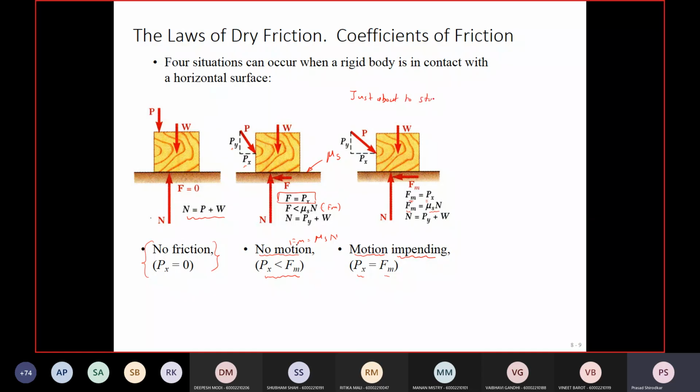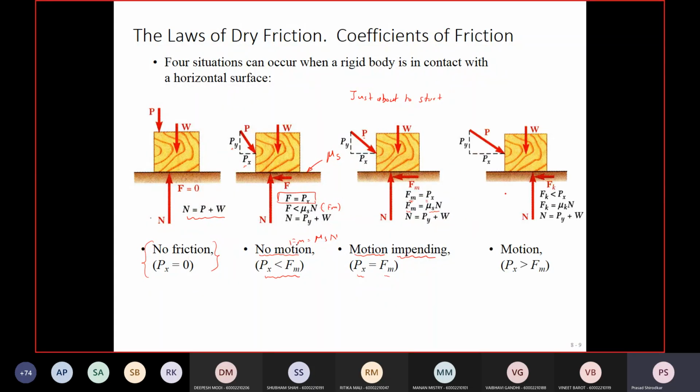Okay. So the slightest increase in the value of this P will cause the block to move, which is the fourth case. The value of the horizontal component Px is greater than the maximum frictional resistance that this surface can offer. That is Fm.